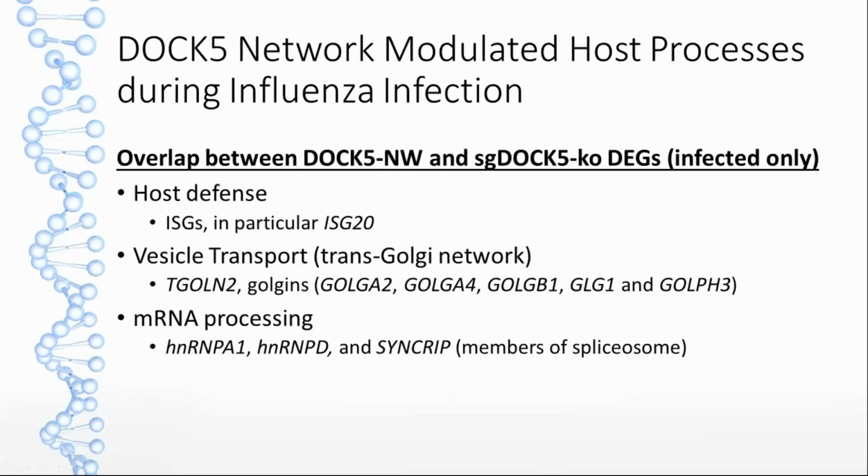And so what we have here is some of the take-home message, but we will come back to this take-home message. What we think DOC5 is doing, it moderates host defense, in particular ISG, in particular this interferon-stimulated gene 20. It also modulates vesicle transport, and we find some particular genes in the neighborhood that are influenced by the knockout signatures.